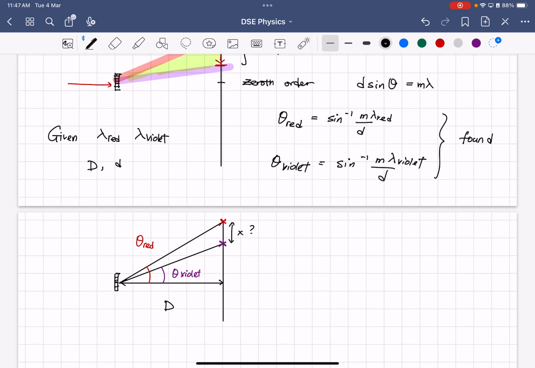I can find this length here is equal to D tangent theta red, and then this length here is D tangent theta violet.